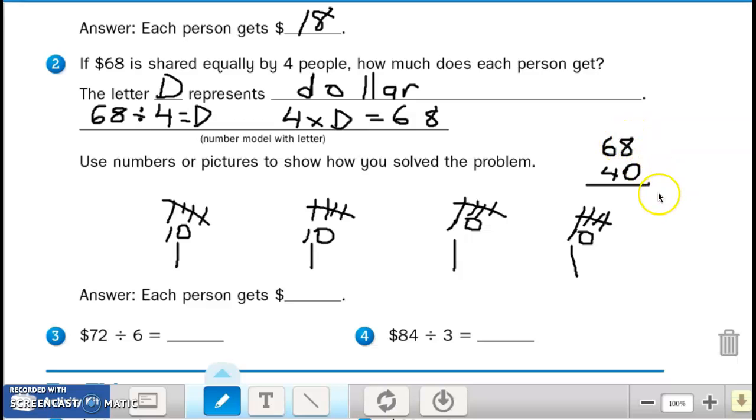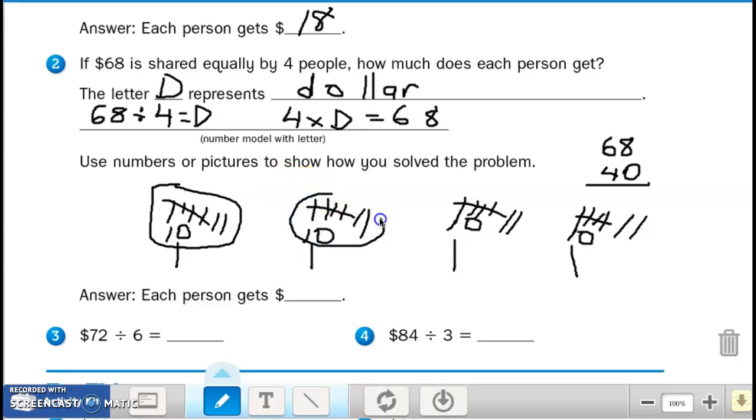I'm going to 68. 61, 62, 63, 64, 65, 66, 67, 68. There we go. Each person gets this many. So how much is that many? 10 plus 7. What is 10 plus 7? 17. So there's your answer.